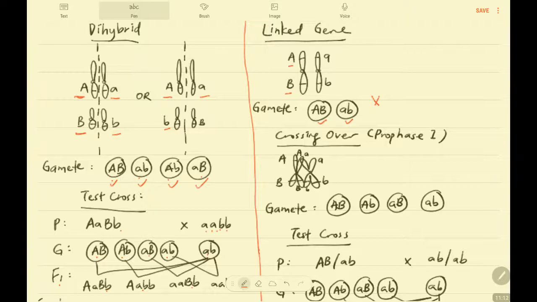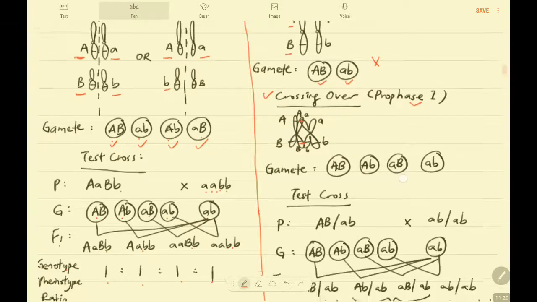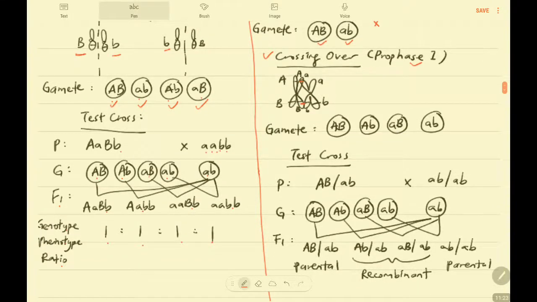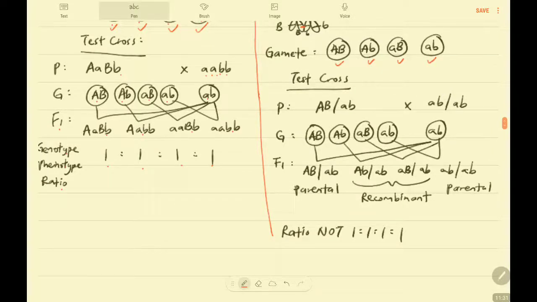But if crossing over occurs during prophase 1, they exchange genetic material, so you form 4 possibilities of gametes: big A, big B, big A, small b, small a, big B, small a, small b. This is how we construct the genetic diagram for the linked gene test cross.